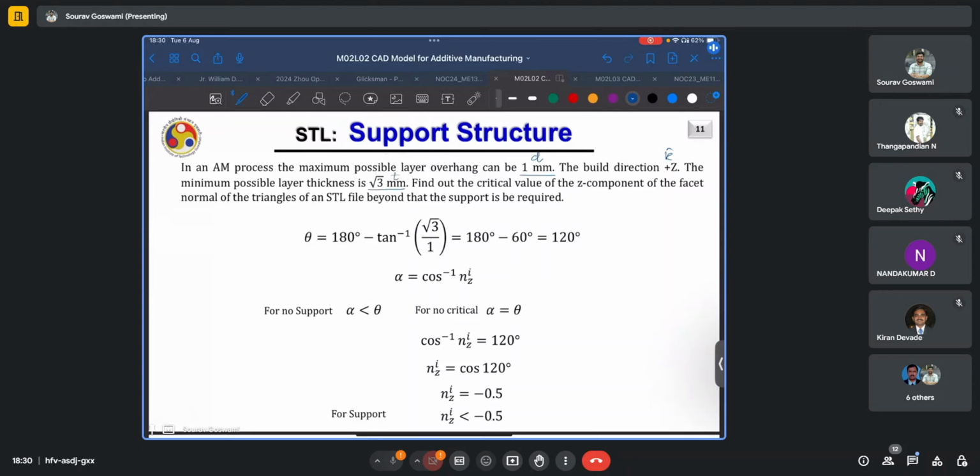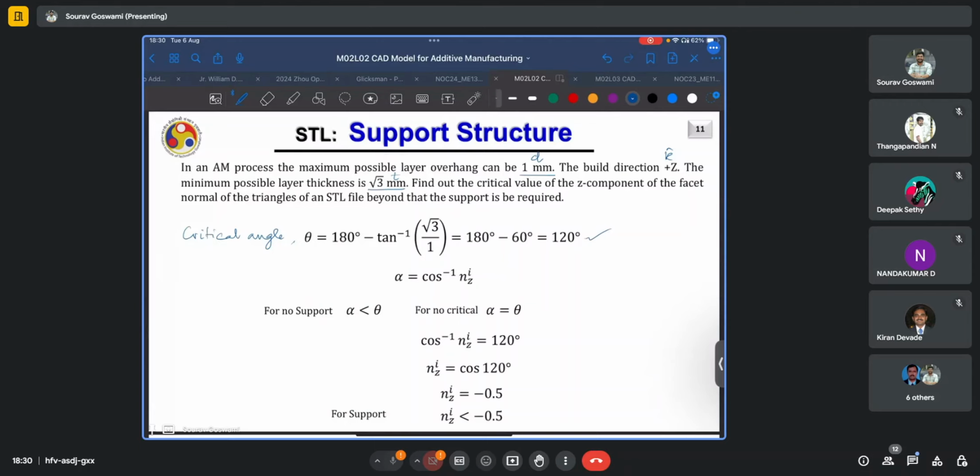Find out the critical value of the z component of the facet normal of the triangle, beyond which the support is required. So we first find the critical angle theta, which demarcates the transition from a no support to a support required regime. This theta is pi minus tan inverse t by d, which is here shown as 180 degrees minus tan inverse root 3 by 1, or 120 degrees.